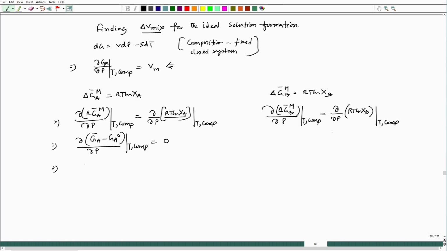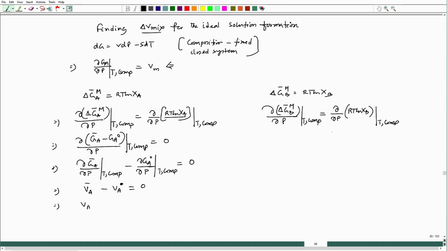From here, this is nothing but V A bar minus V A naught, which is the standard state pure condition before mixing, equal to 0.